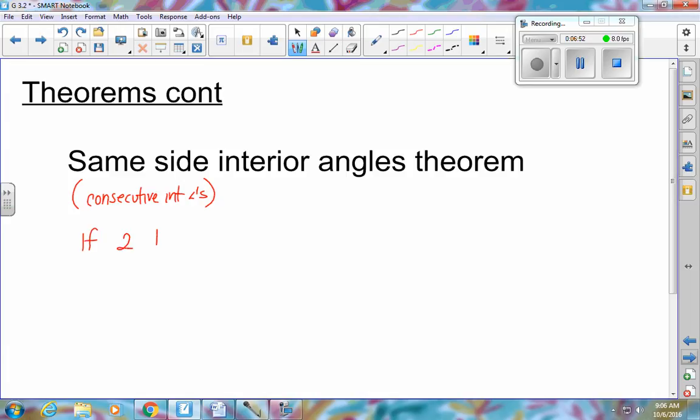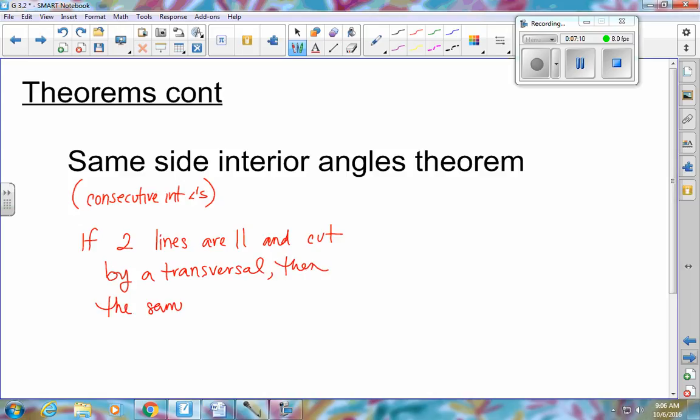If two lines are parallel and cut by a transversal, then the same side interior angles are supplementary.